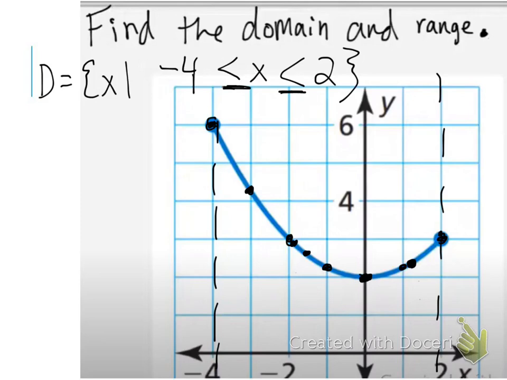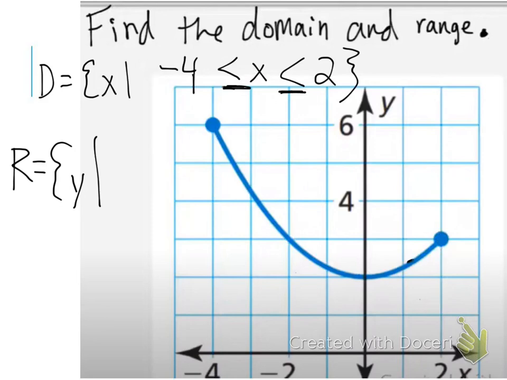Okay, let's try the range now. Range is my set of what? Y values. So it's going to be kind of the same case here. Can I erase all my points and my dotted lines? Now we're looking vertically because that's our y values.